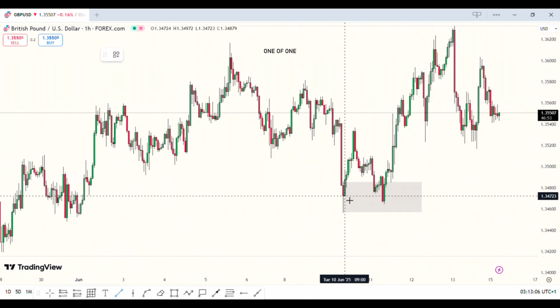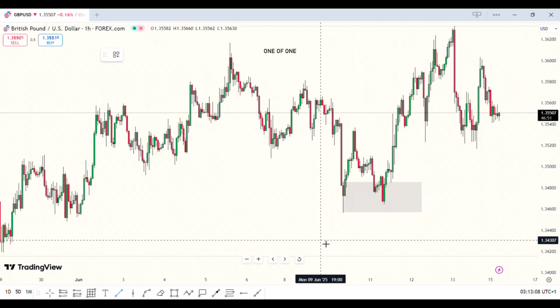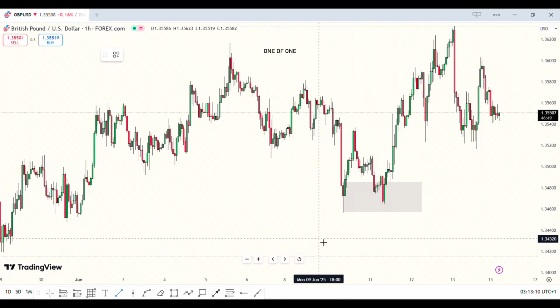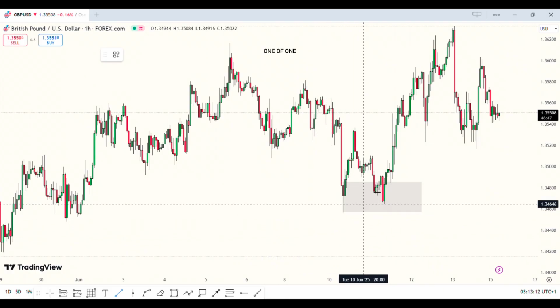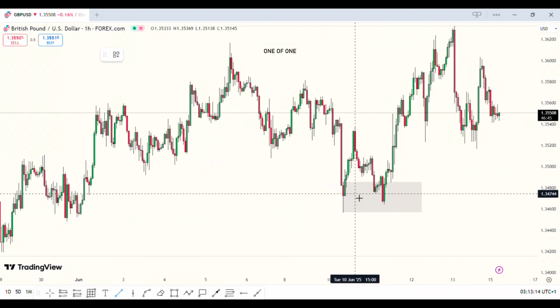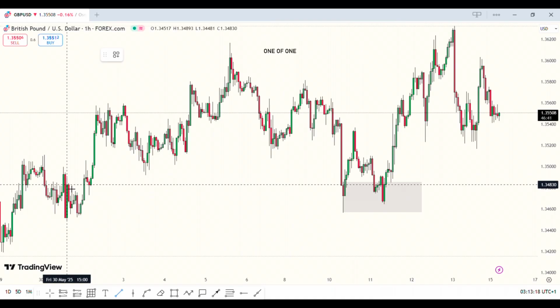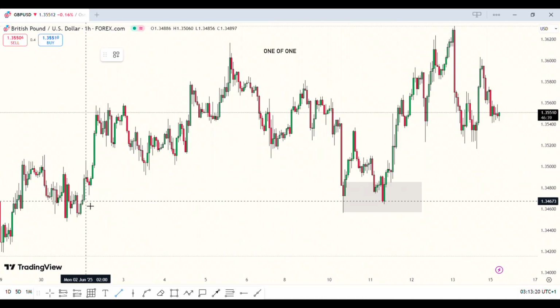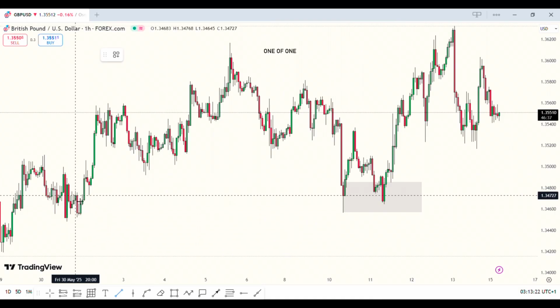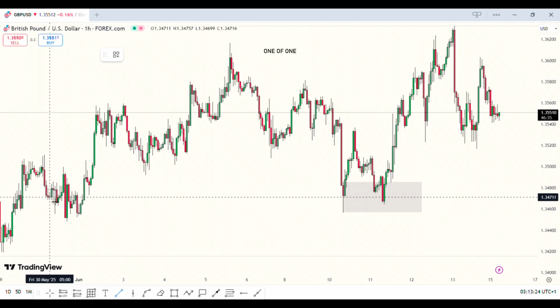Here within this zone, you ask yourself, what is the single price POI that falls within this zone? Looking towards this point, we can see this level here. I can stretch it out from here.